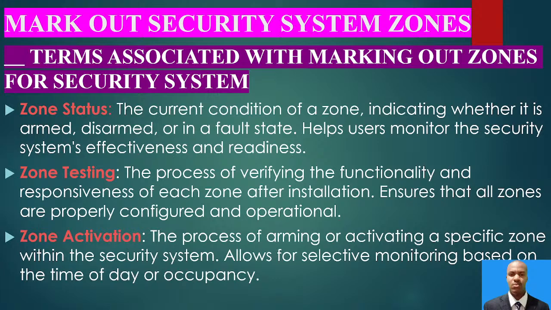Then we have the zone activation, and this is the process of arming or activating a specific zone within a security system. It allows for selective monitoring based on the time of day and the occupancy. So this is a process whereby you activate all the security systems within a specific zone. You make sure that each and every system that requires an activation is activated and it is operating as expected.